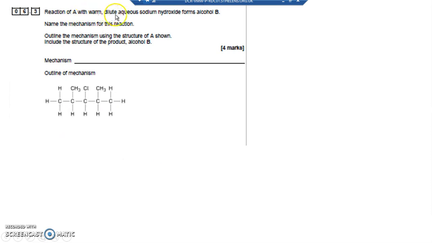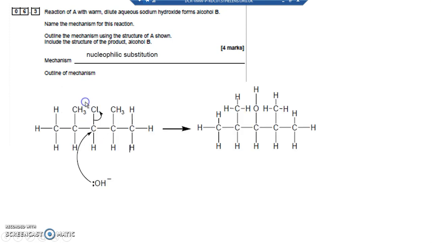A reaction with warm dilute aqueous sodium hydroxide. So if we're using dilute aqueous sodium hydroxide, then aqueous means water, sodium hydroxide in water, what actually happens is you get nucleophilic substitution. So the mechanism is that this C to Cl bond is polar.